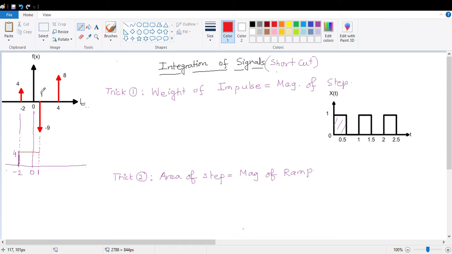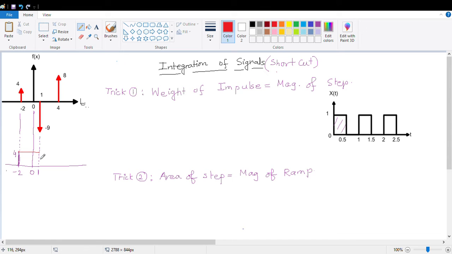If you just subtract it, you will get the value of -5. So this magnitude will be converted into a step, but the 4 will be upper and the 5 will be beneath, in the lower.